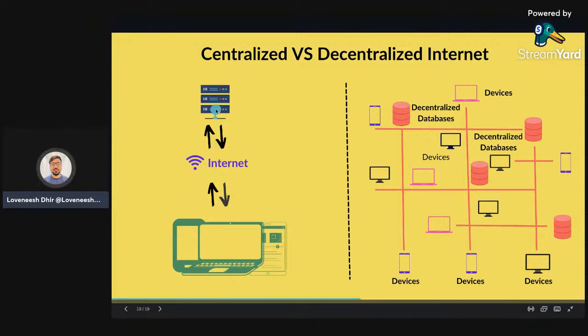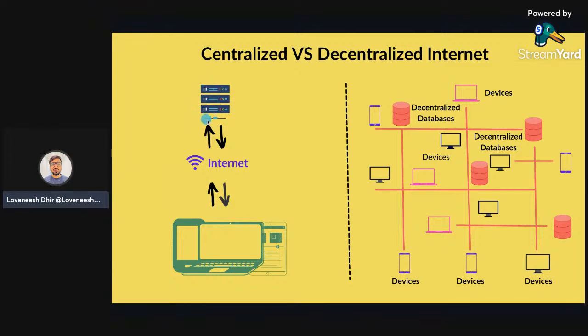These devices and the central servers communicate with the help of the internet. Whether we are browsing Facebook, using Spotify, or using internet banking, what we are doing is using our devices, and our devices are communicating with the centralized servers of particular entities.